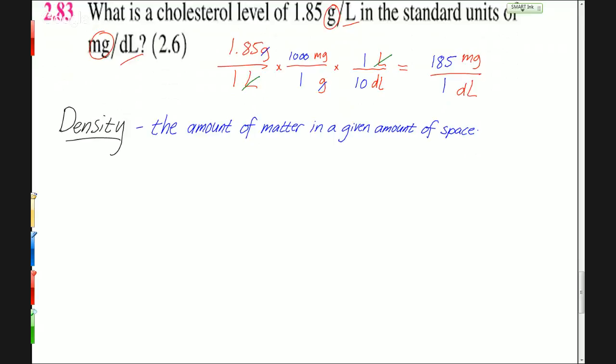Things at the top like hydrogen and carbon and lithium are not as dense, much lighter for the same amount of volume. And the way that we calculate density is by dividing the mass by the volume. So mass divided by volume, or the other way we write that is fraction style, mass over volume.